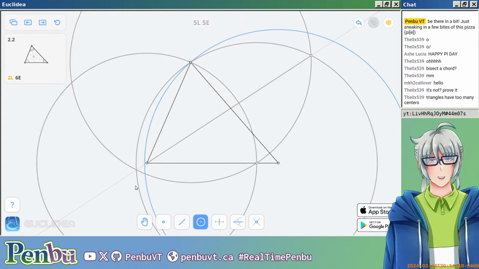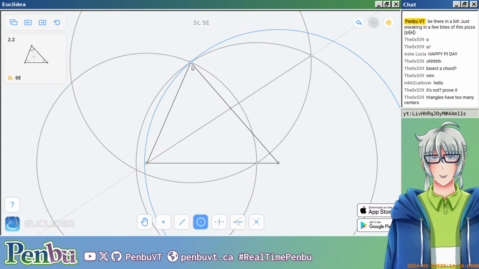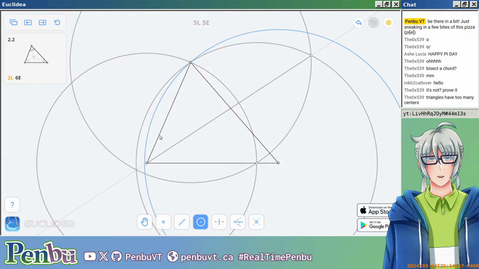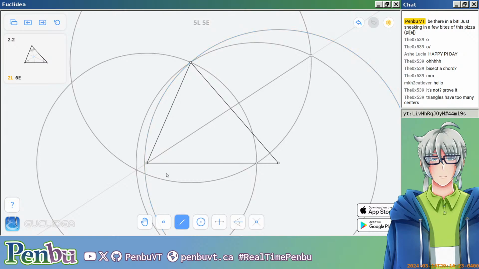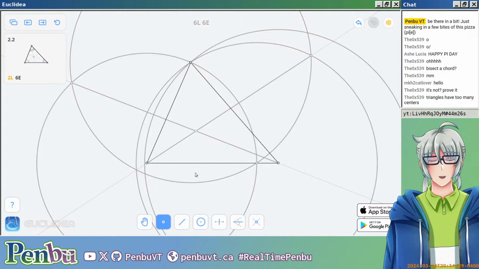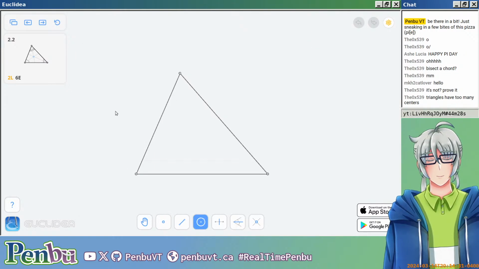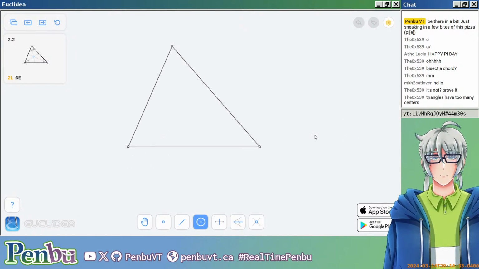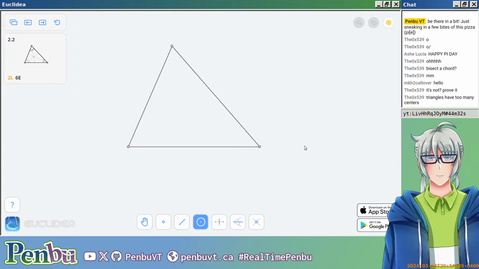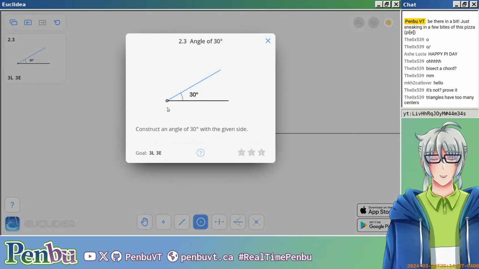Well, it would have been the extension from here to here, but we don't have that. And it surely isn't this one here. I don't think this is it. We're gonna come back to that one.